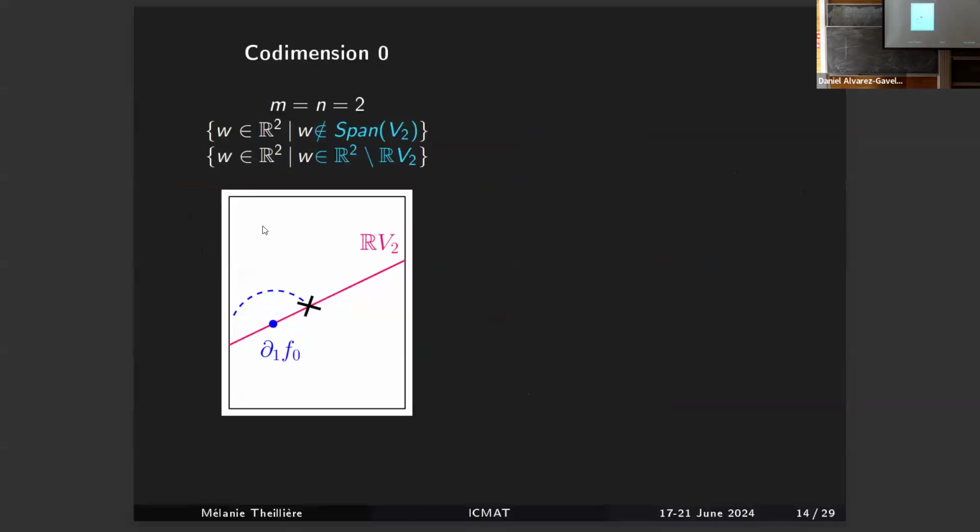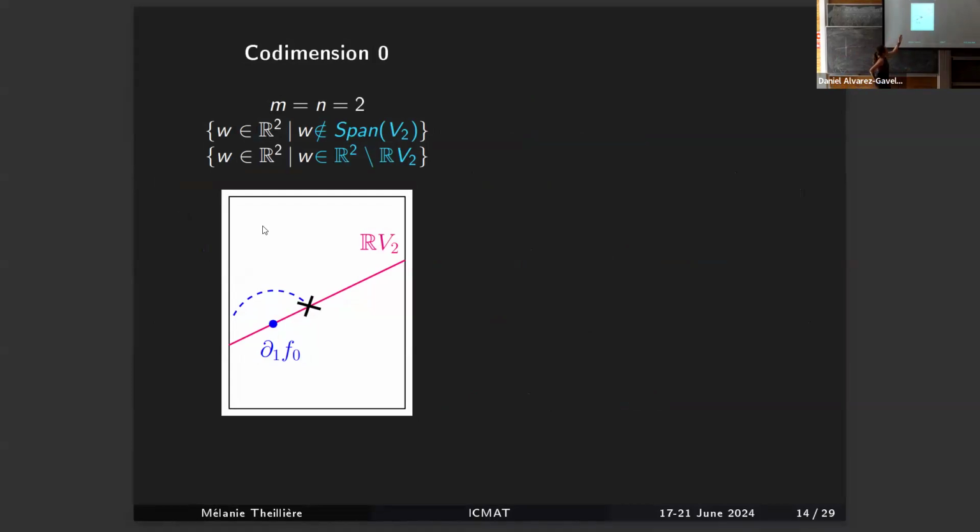Let's check the slice, for example, in codimension 0. So this is a surface in dimension 2. The condition of the slice in direction 1 is that the first partial derivative must not belong to the space spanned by the vector v2.